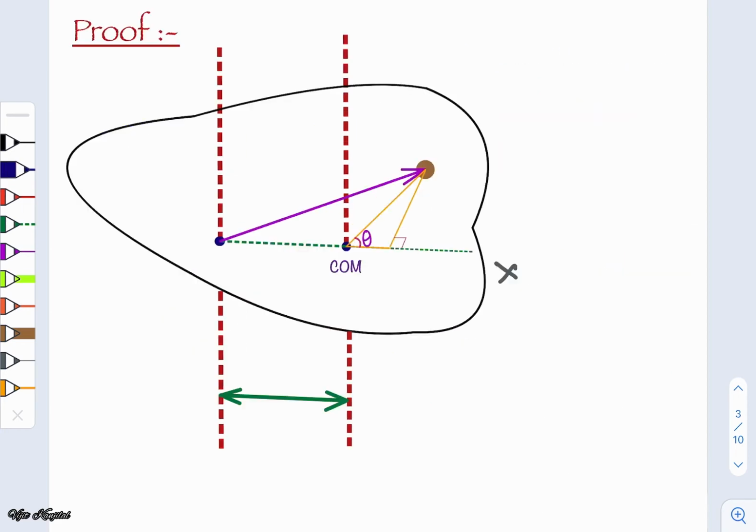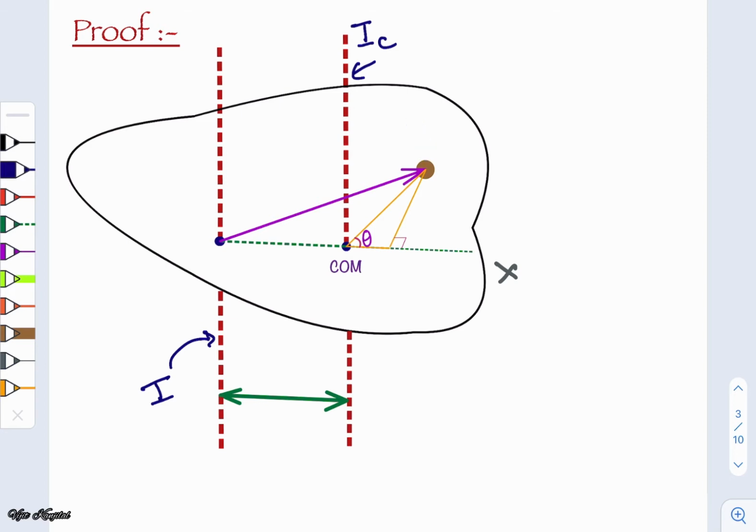Now let us look at how this theorem is proven. Let us consider this figure. We have the center of mass here. This is an axis passing through the center of mass, so the moment of inertia of this rigid body with respect to this axis is IC. And we are assuming that the moment of inertia with respect to this axis is I. Now we are considering an elemental mass here.